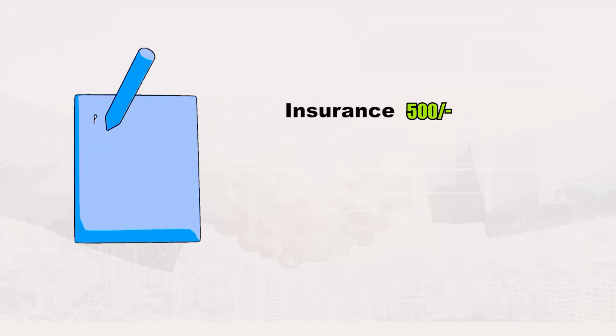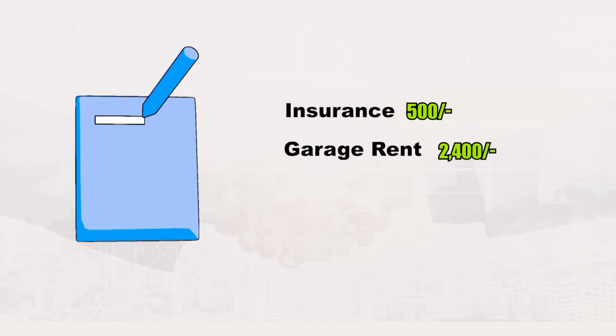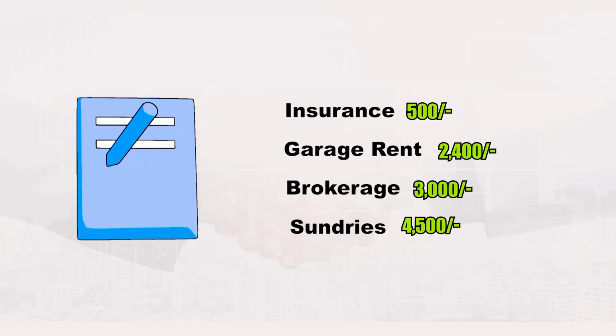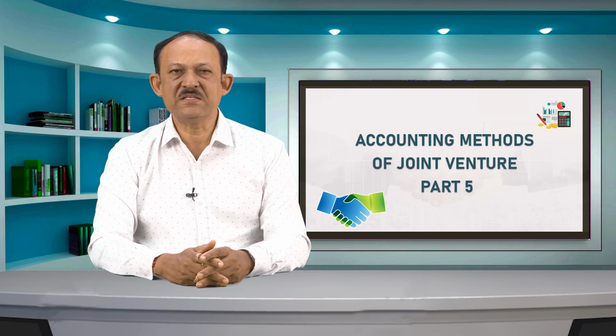His expenses were insurance rupees 500, garage rent rupees 2,400, brokerage rupees 3,000, sundries rupees 4,500. Each party's ledger contains a record of his own transactions on a joint account. Prepare memorandum joint venture account and the account of the other venturer in each party's ledger as it will finally appear, assuming that the matter was finally settled between the parties.